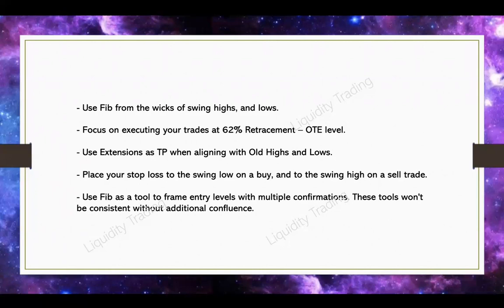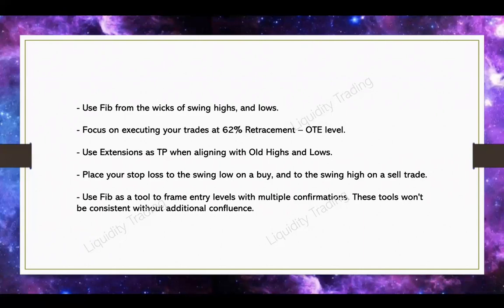Now in hindsight, a lot of times the market will look like it retraces to the lower levels, and sometimes you will be wanting to take trades on lower fib levels. However, if you're not taking trades on the 62%, you will not become consistent with your entries.